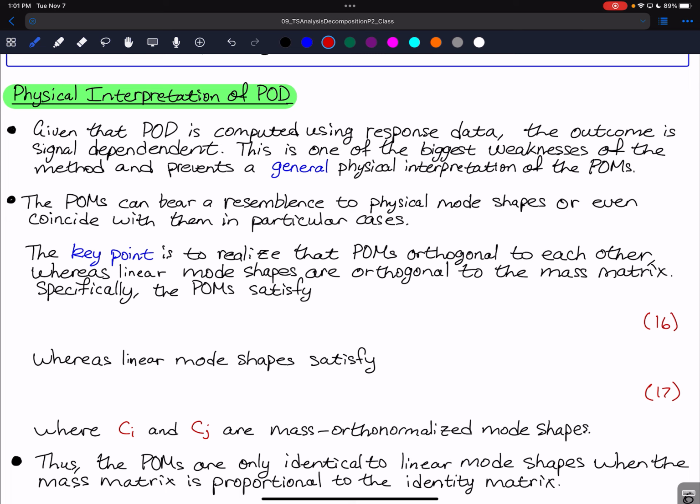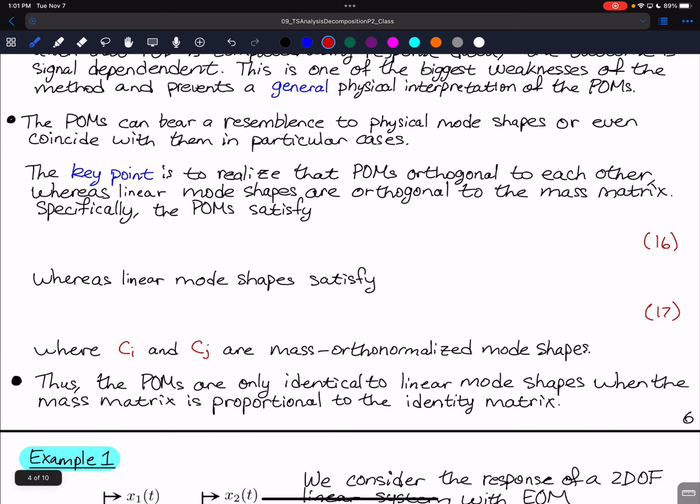The key thing that we need to realize is that the proper orthogonal modes are going to be orthogonal to each other, whereas if we think about linear normal mode shapes, those are orthogonal to the mass matrix. Specifically, the POMs satisfy the following condition: phi_i transpose, and these are now vectors in this case, times phi_j is going to be equal to delta_ij, again that's still this Kronecker delta.